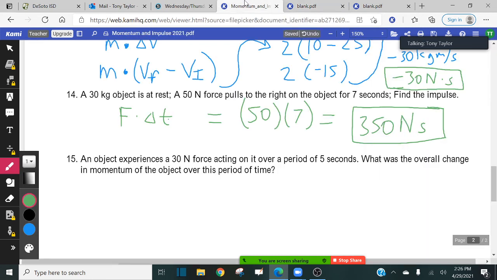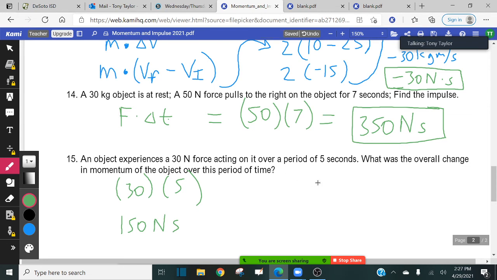However, they don't give us any change in velocity or any value for the mass. They do give us force and time. So force multiplied by time tells us impulse, which in this case, 30 multiplied by 5 gives me 150 Newton seconds.